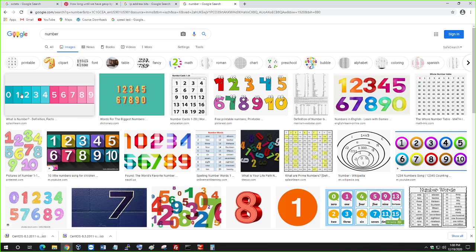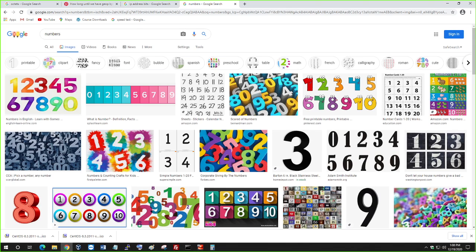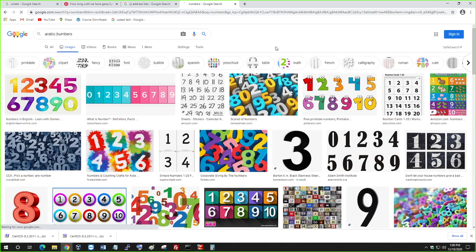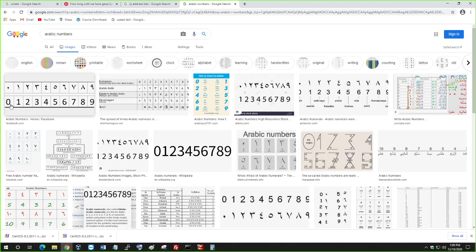So 0 to 9 is numbers here. The way the numbers are written are Arabic numbers, right? If you type Arabic numbers, it will give you the same results, starting from 0, 1, 2, 3, 4, 5, 6, 7, 8, 9.